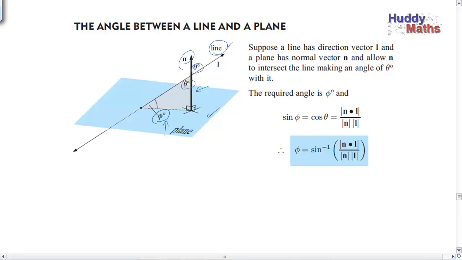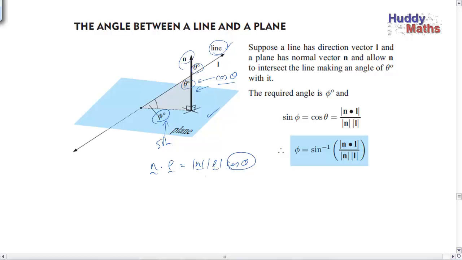We can get the angle between the line that's given and the normal to the plane more easily. So we could say here, the sine of this one, because these are in the same right angle triangle, is the cos of this one. And we can get the cos of that one more easily. What is the cos of the angle between two vectors? You might remember n dot L is equal to length of n, length of L, cos theta.